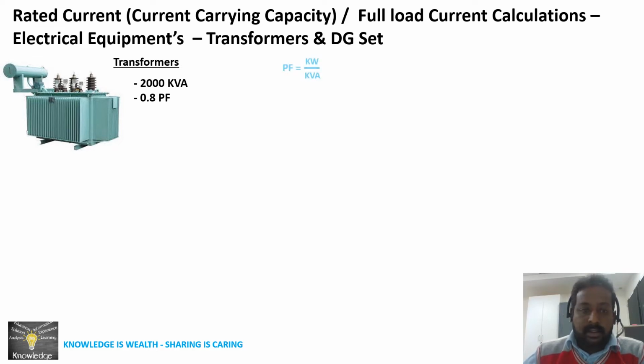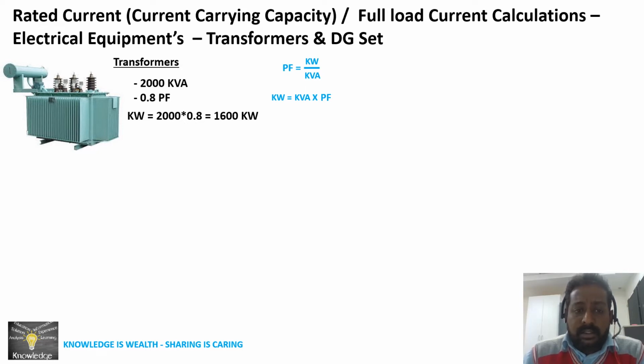To calculate kilowatt, there is a formula: power factor is equal to kilowatt by kVA. So if we have power factor and kVA, we can derive kilowatt. Kilowatt is equal to kVA into power factor. So 2000 kVA into 0.8 power factor is 1600 kilowatt. So the rated capacity of the transformer is 2000 kVA and 1600 kilowatt.